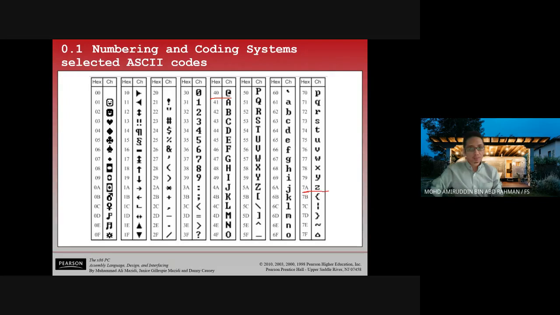Other than that, codes from 0 until 29 are used for symbols. 30 until 39 is used for digits, the numbers. Then after that, it's not 40, because 40 is used for this one. So it's 3A, 3B, 3C, 3D, 3E, and 3F.